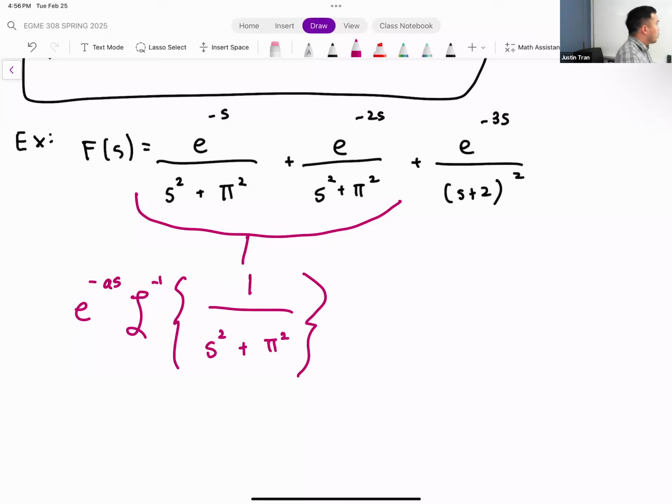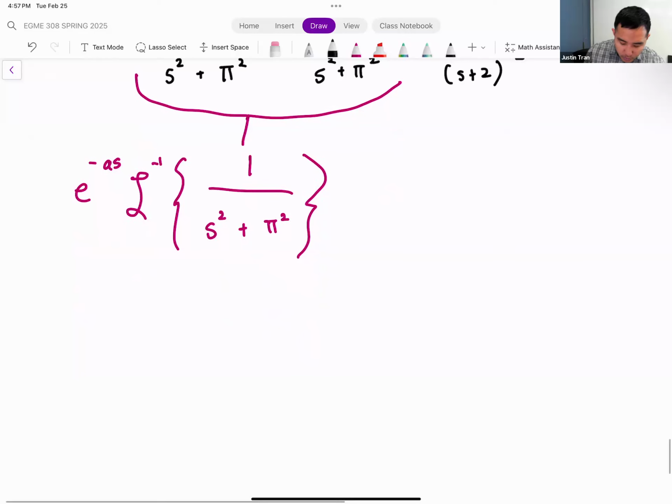Once again, I'm taking the base function, separating that from the shift, and after we apply the inverse Laplace to the base function, we're going to apply the shift to it. Okay, so the inverse Laplace of 1 over s squared plus pi squared is going to be sine of pi t.